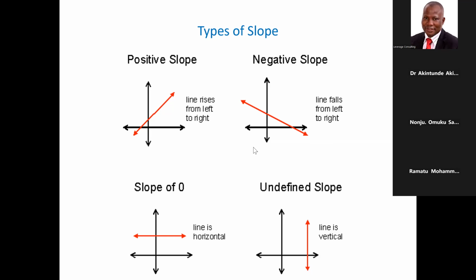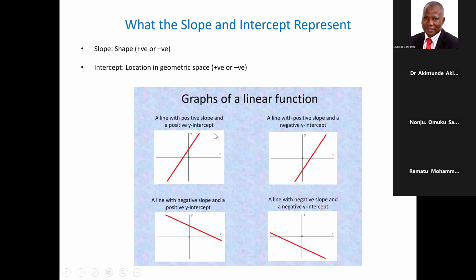Now, let's talk about the intercept, and how slope and intercept relate. You see what slope and intercept represent. Slope looks at the shape of the graph in this geometric space, whether it's rising upward from left to right or downward from left to right.